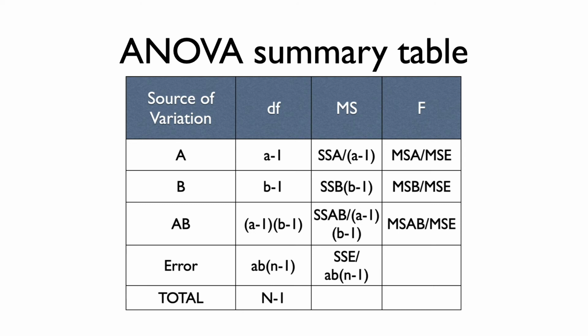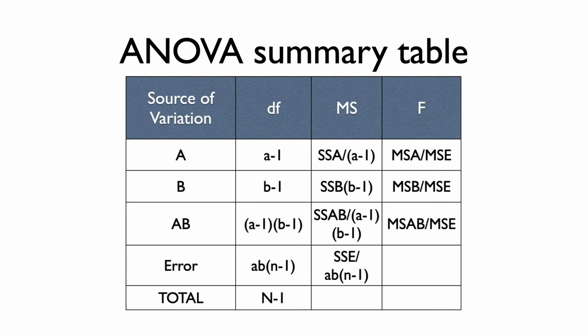So we end up with this ANOVA summary table. So we have different sources of variation, right? Like we have with the regular straight-up analysis of variance. We have A and B, A by B and error. And then we have our degrees of freedom, levels of A minus 1.